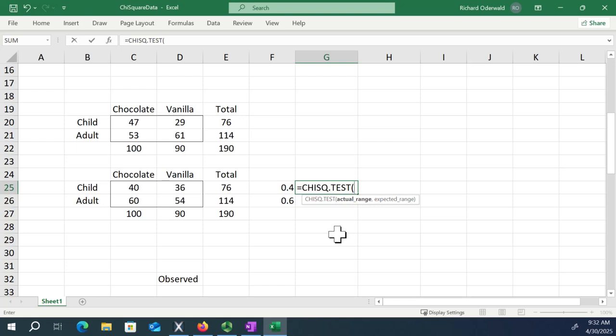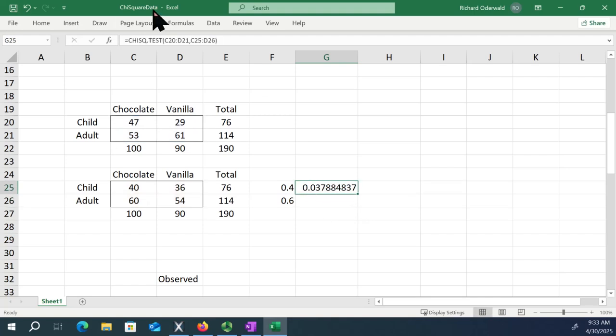This is observed as the actual, and the expected is expected. And all you do is mark the observed, comma, then mark the expected. And I've got these laid out all even. It doesn't have to be that way. They can be anywhere, either one.